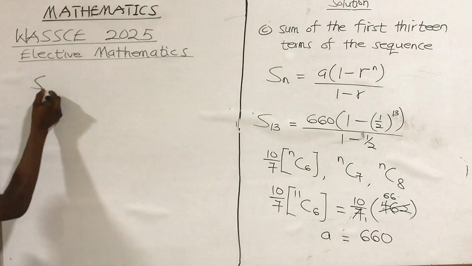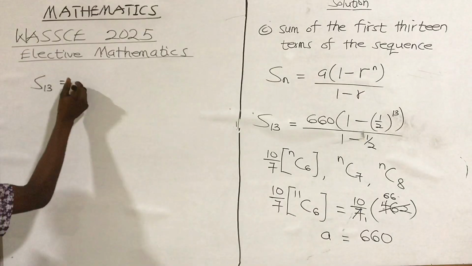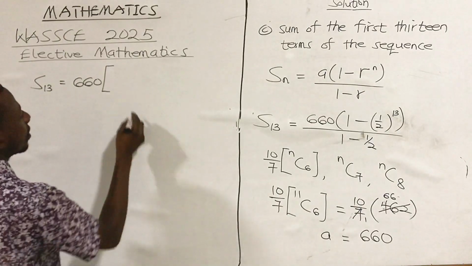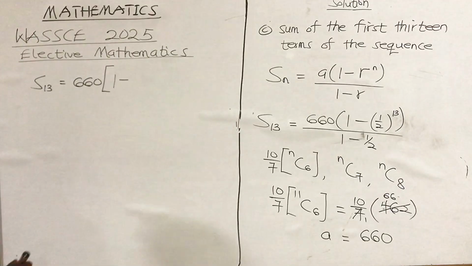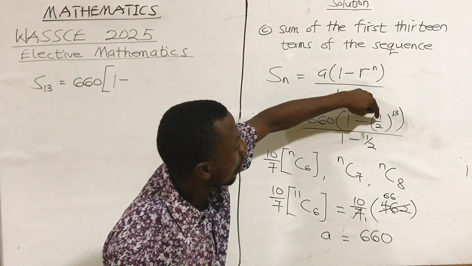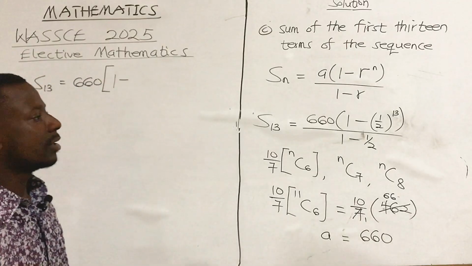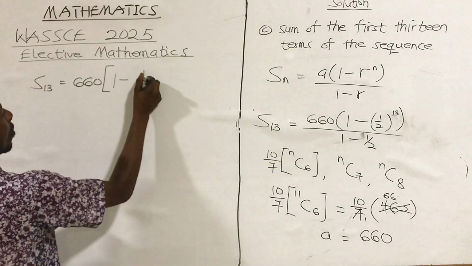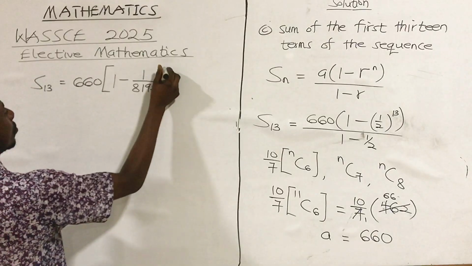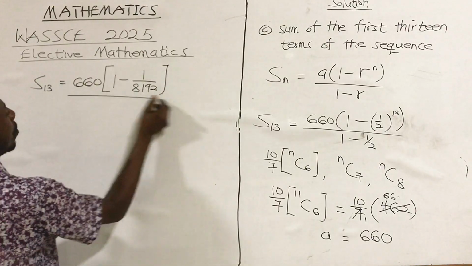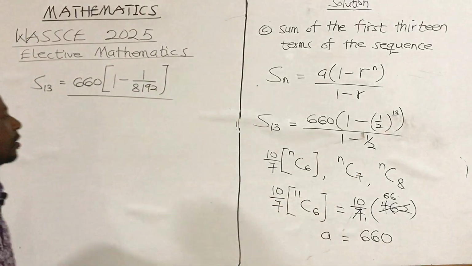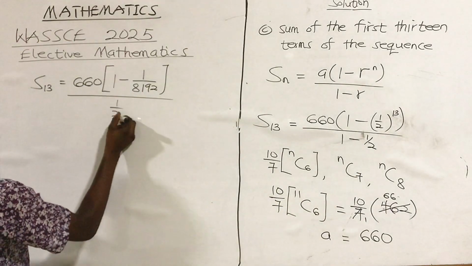So we have S subscript 13 to be 660 in a big bracket 1 minus 1 over 2 all power 13, and you're going to get 1 over 8192, all over 1 minus half. We are going to get half.